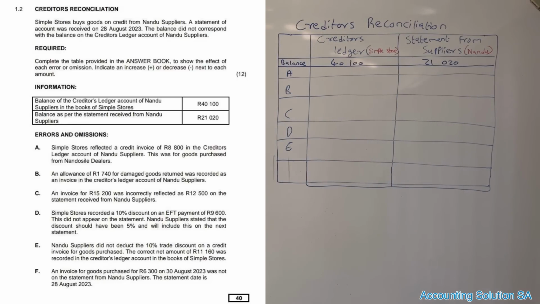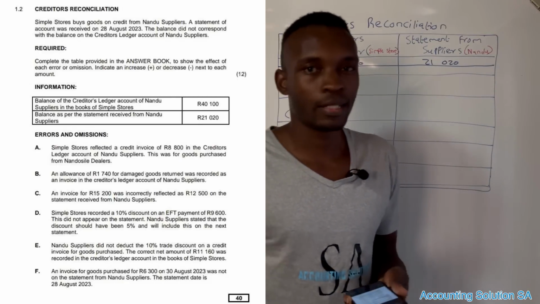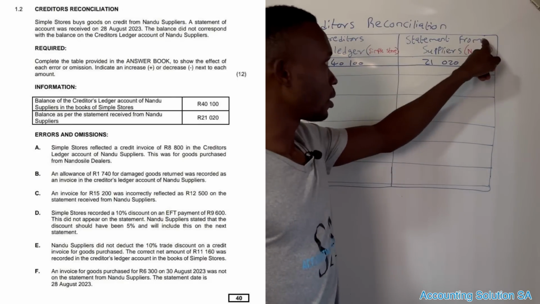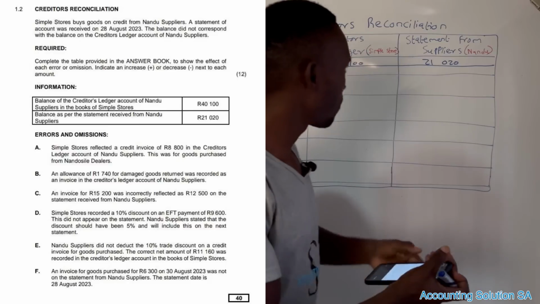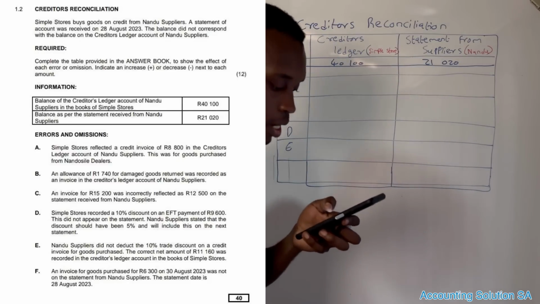Number A, errors and omissions. Simple Store reflected a credit invoice of 8,800 in the creditors ledger account of Nadu Supplier. This was goods purchased from Nandisile Dealers. Nandisile Dealers is a third party. Remember here I said that we're dealing with Simple Store and Nadu. Then our business, our books made a mistake and recorded an invoice.